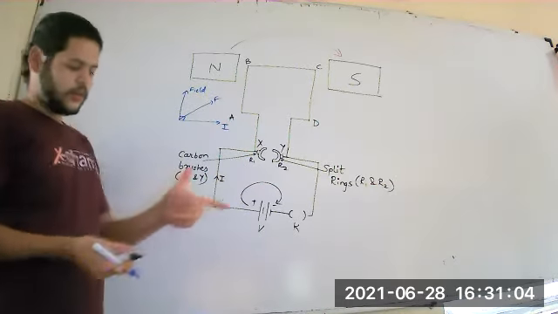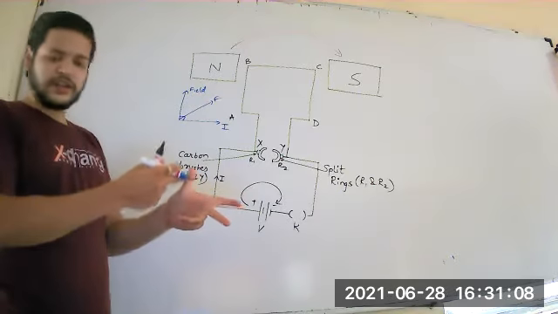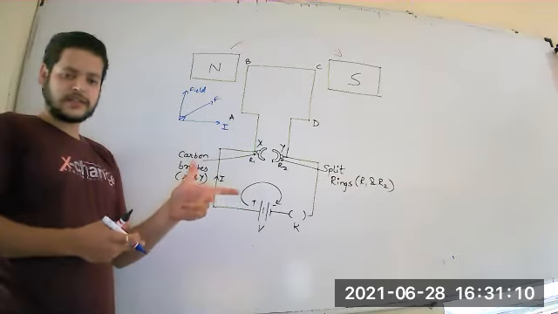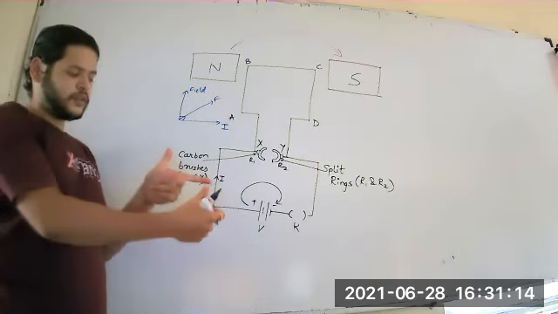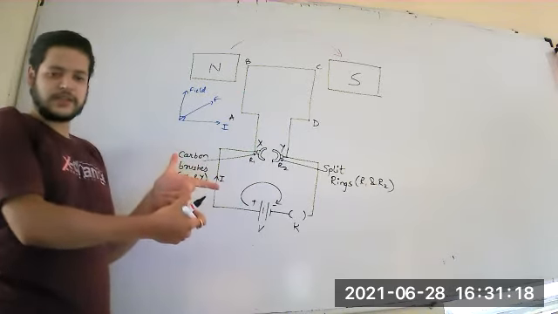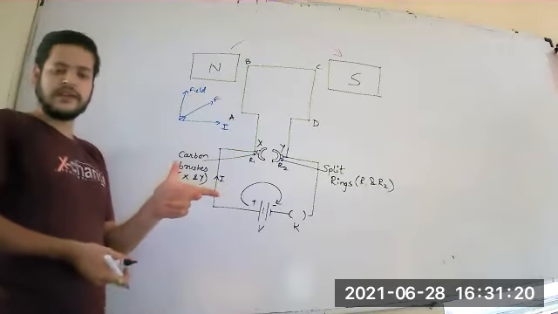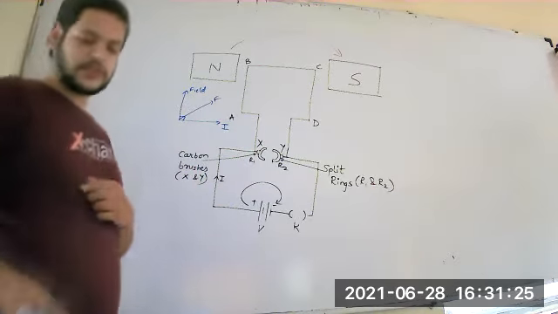Or in case of the rule, if the three fingers of our left hand are stretched mutually perpendicular to each other, and forefinger gives direction of field, middle finger gives direction of current, then the thumb will give us the direction of the force. So this is what our left hand rule says.